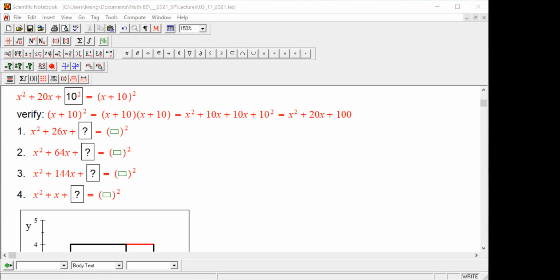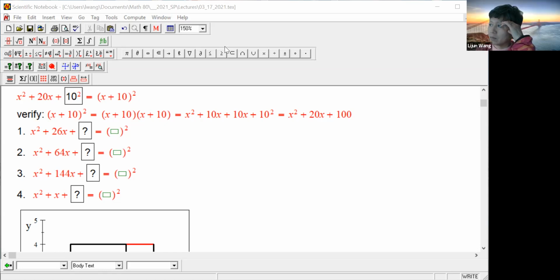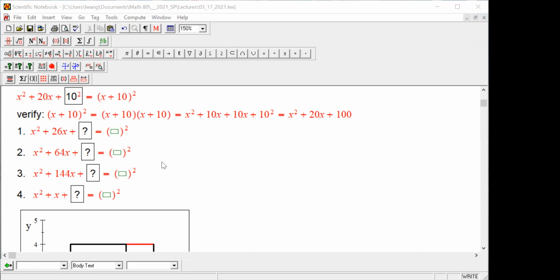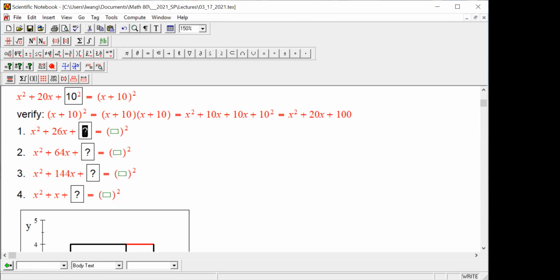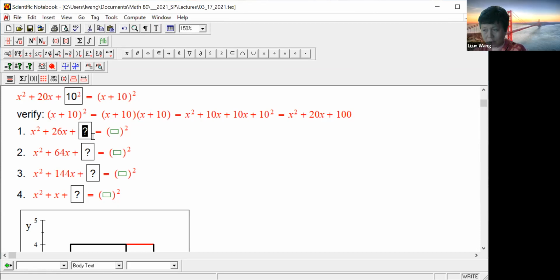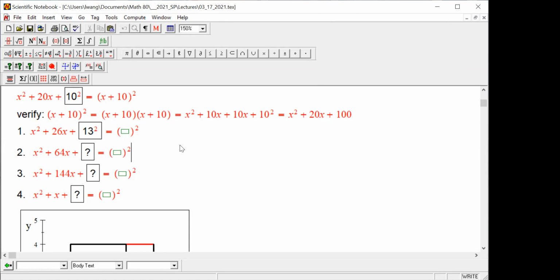No, I do not. Nope, still working on it. Is the first one 13? I'm sorry, 13 squared? That's right. You just take 26 divided by 2, it's 13. You don't have an answer to it. Maybe you didn't get what we have covered, right? Yes, Stephen, do you have a question? Are you with us?